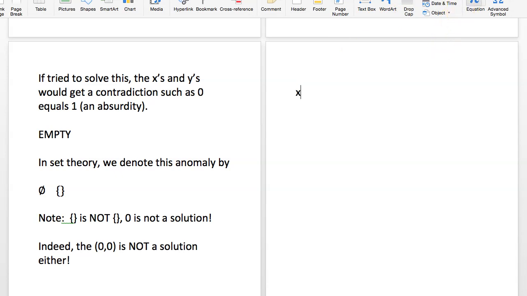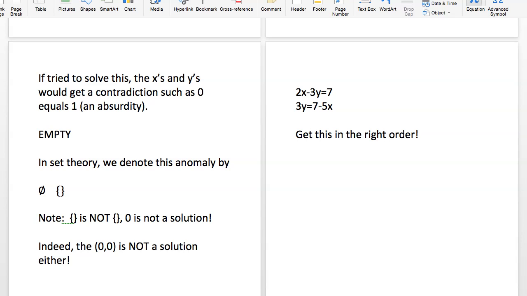If they give it to you out of order, let's say they give you 2x minus 3y equals 7, and then they give you 3y equals 7 minus 5x. Get this in the right order.